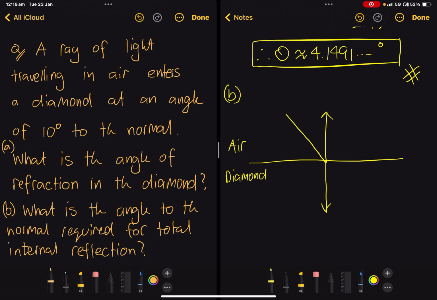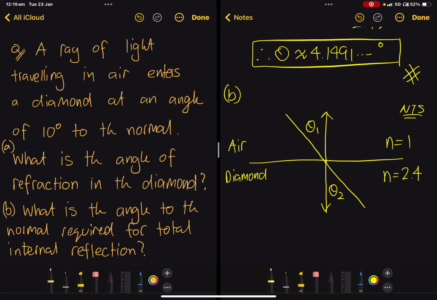We have the ray hitting with an incidence angle theta 1, then the ray leaving with angle theta 2, and these look equal here. They're not necessarily. This diagram is not to scale, it's just used to represent what's going on. We have n equals 1 here, and n equals 2.4 here.